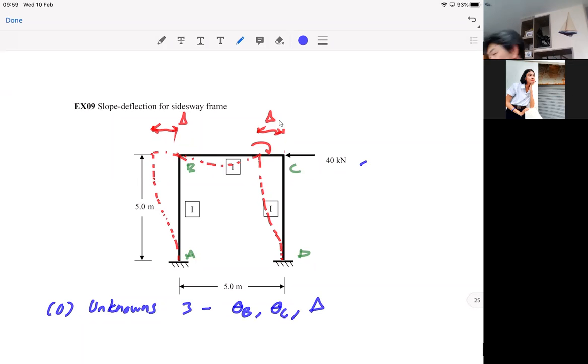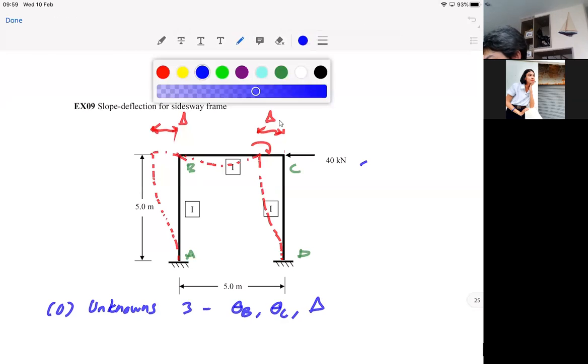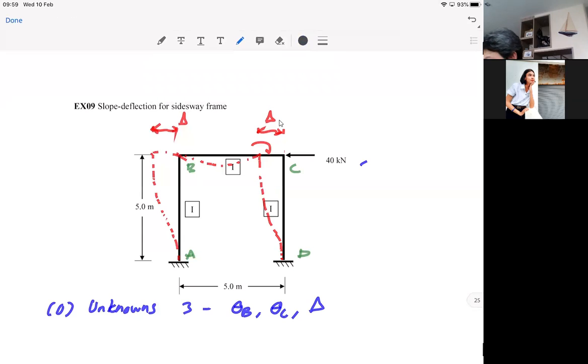We need to use the delta simply because that will give you only one unknown. If you don't use the delta, you will end up with unrealistic unknowns, I can say that. So delta here is part of the sway. Let's say we have the sway like this.